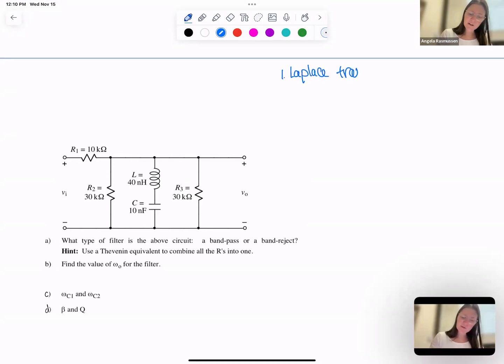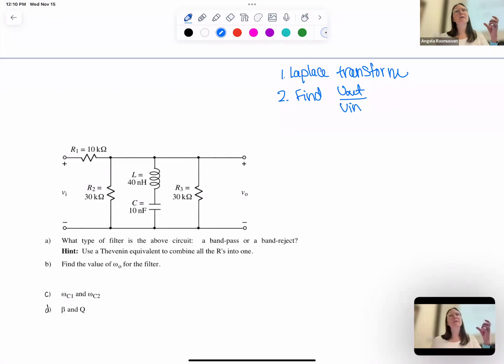So do the Laplace transform on the circuitry first, and from there, find a V out over your input expression. This is called the transfer function.